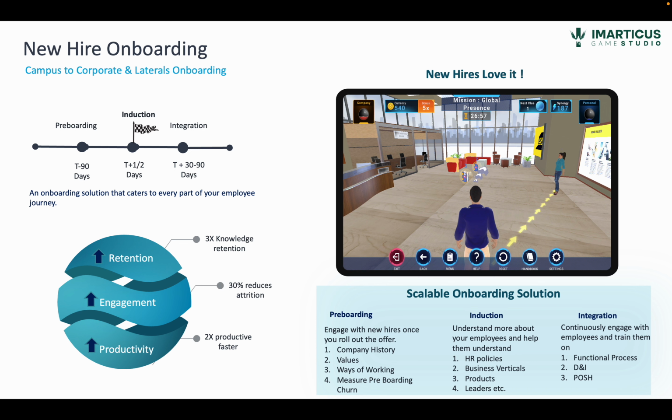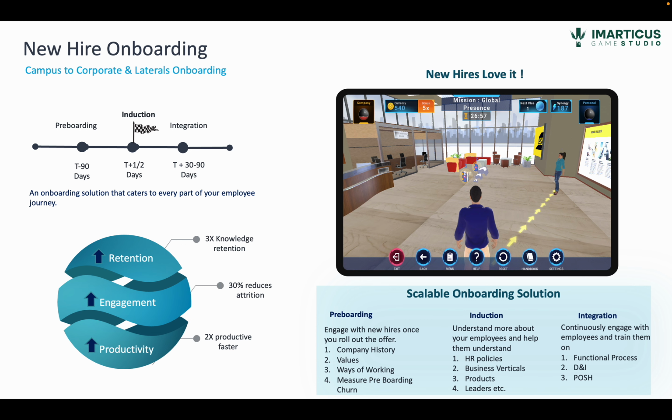It definitely reduces attrition because they are more engaged in the entire process, and employees tend to become productive much faster because they have clearly understood how to integrate themselves into the overall value systems and ways of working within the organization.